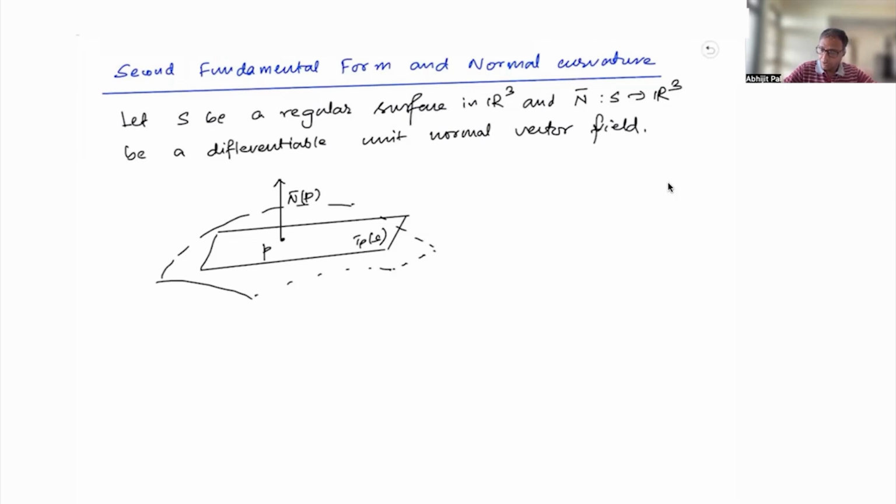Now this N bar P you can translate to the origin.